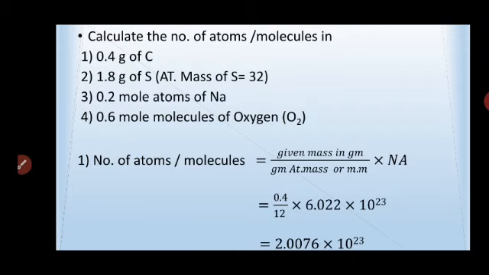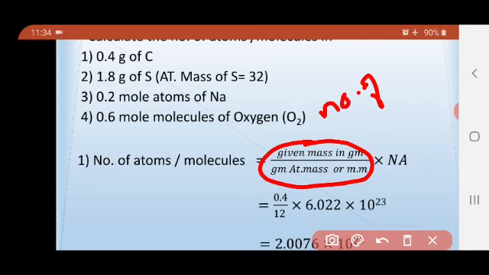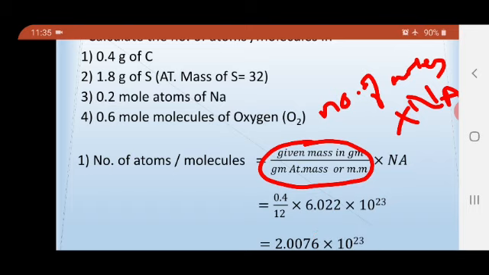To find out the number of atoms or molecules, what is the formula? Given mass in gram divided by atomic mass or molecular mass, this ratio will give you number of moles. Now number of moles into Avogadro number will give you the number of atoms or molecules.